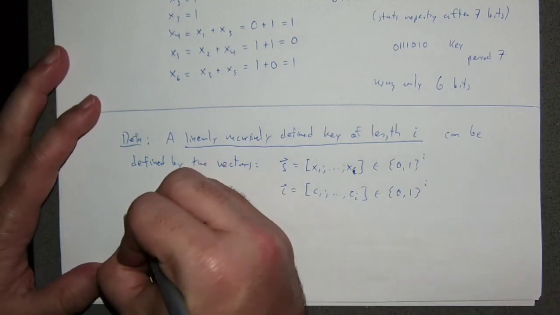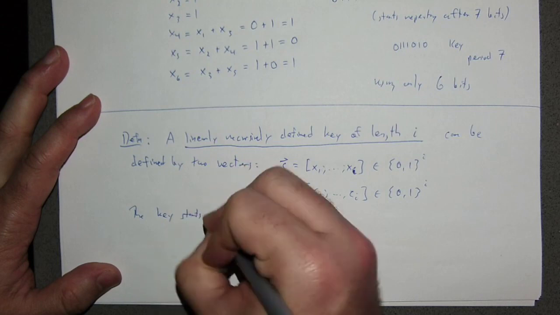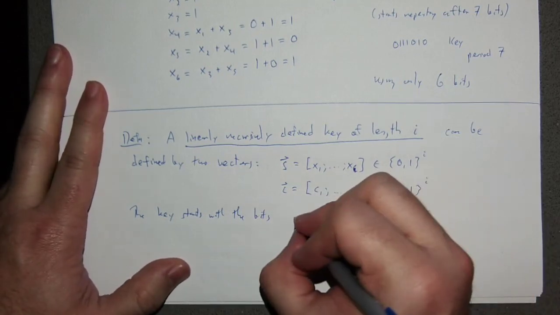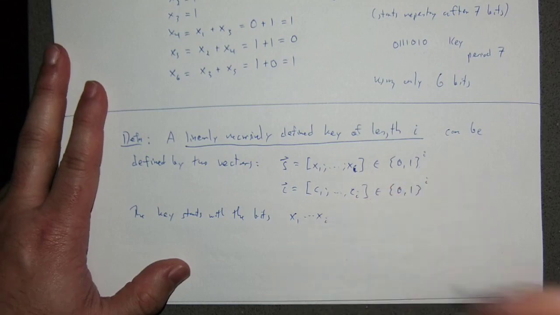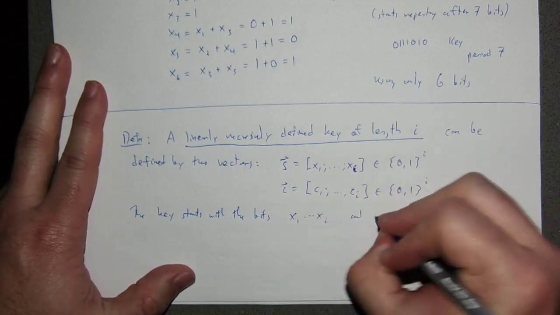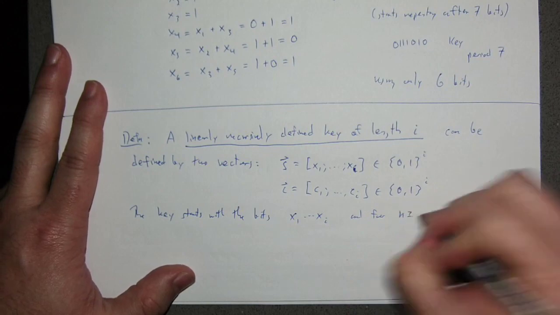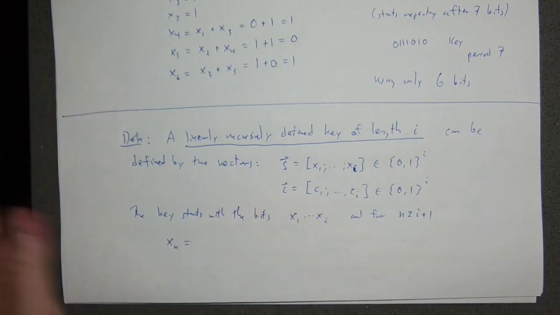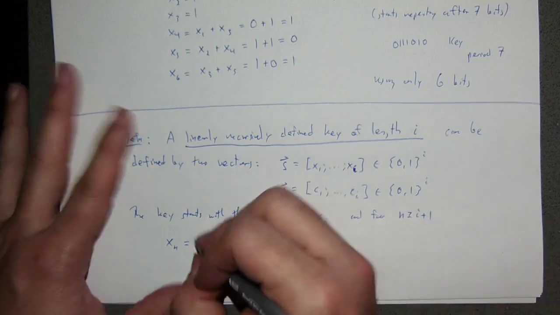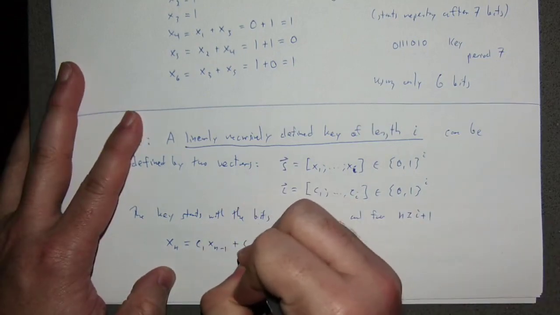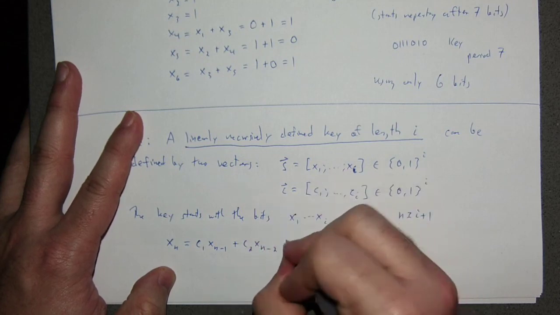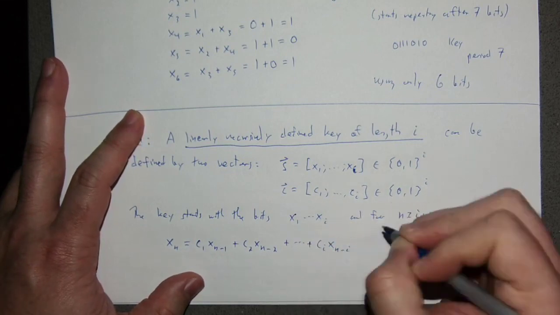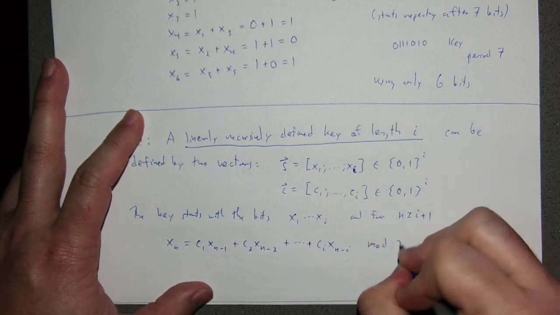So the key starts with the bits x sub 1 to x sub I, and for n greater than or equal to I plus 1, x sub n can be determined recursively by c sub 1 x sub n minus 1 plus c sub 2 x sub n minus 2 all the way up to c sub I x sub n minus I. And this addition is done mod 2.